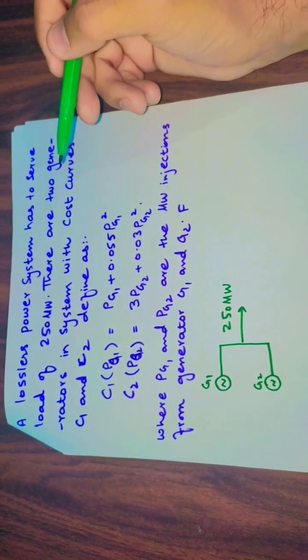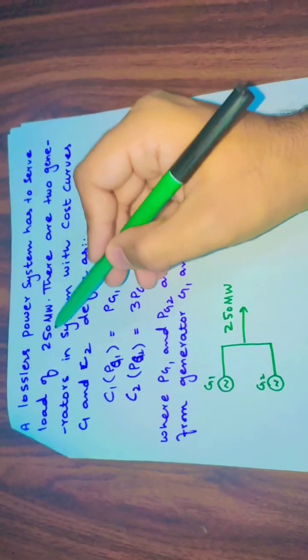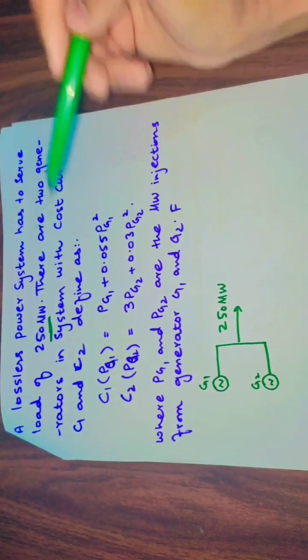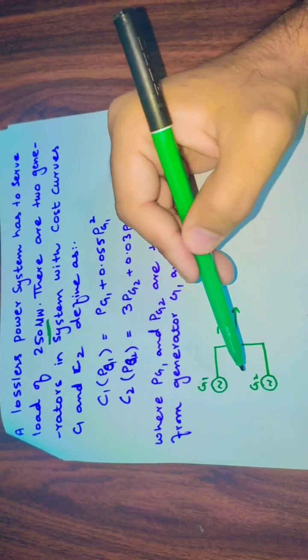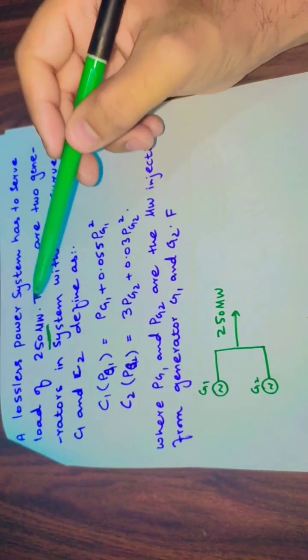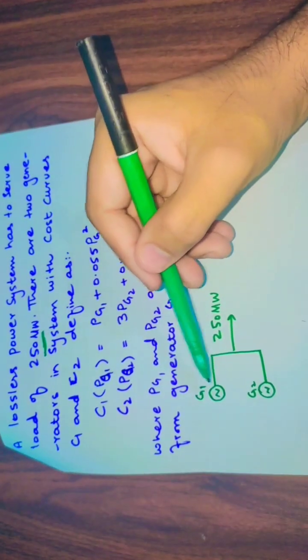Now come to problem number 2, in which a lossless power system has to serve a load of 250 megawatt. So in this case you have the total load of 250 megawatt. Two generators G1 and G2 are connected, generating the power, and you have to find the power generated by G1 and G2.